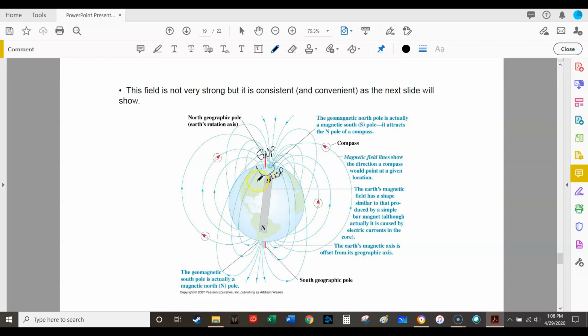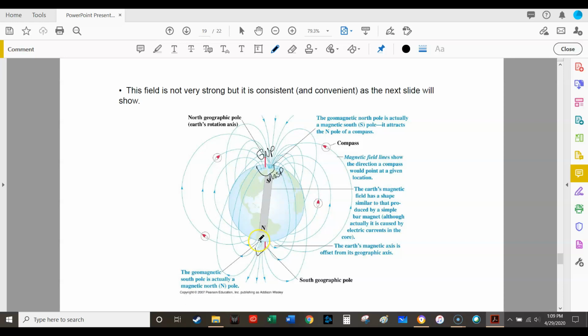And the Earth creates its own magnetic fields. Again, just like a regular magnet, its magnetic fields leave the north end of the magnet, the North Magnetic Pole, which is at the geographic South Pole, I should say.